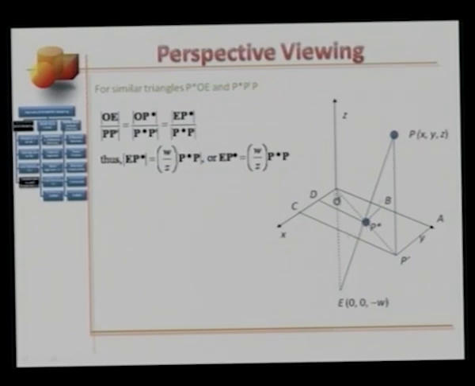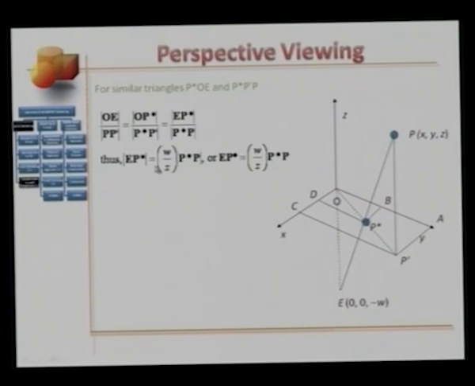Note that distance OE is W and distance PP prime is Z. So using this component of equation and this component of equation, we rewrite EP star as W over Z times P star P.